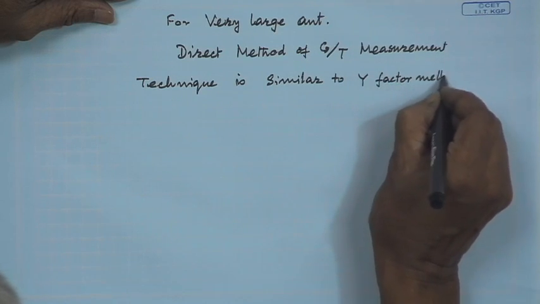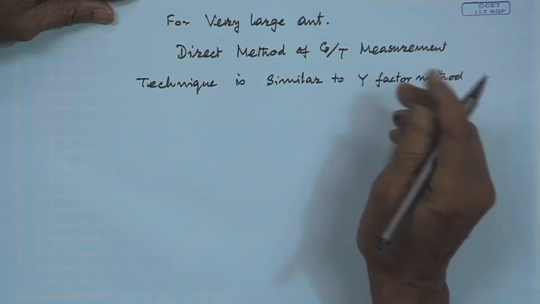method. Y factor is measuring the noise power of two different loads connected at the input to the device under test.